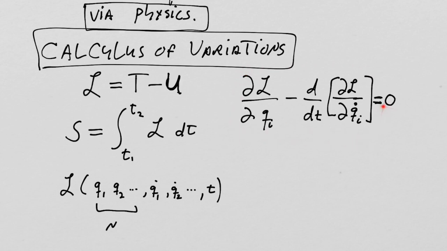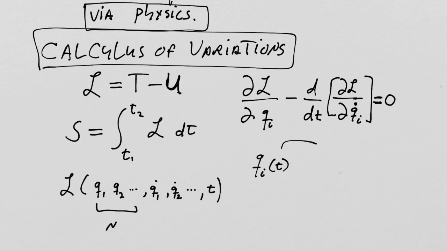So that's a differential equation, and there will be n differential equations that all have to be simultaneously satisfied. Ultimately it's a differential equation for these q's and the q dots, and that's your answer: what is the value of q_i with respect to time?